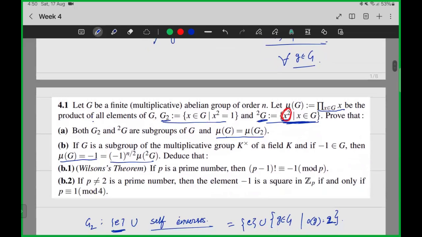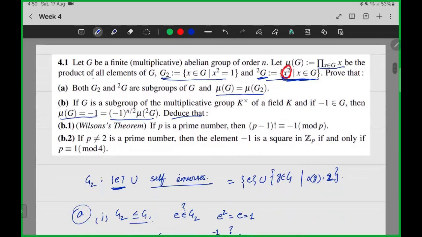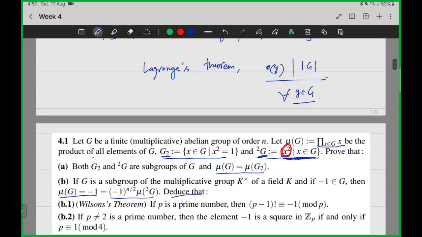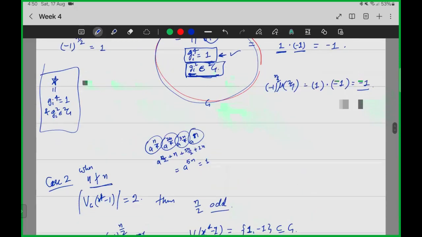So we have to deduce Wilson's theorem, and then we'll see the next part. What is Wilson's theorem? (p minus 1) factorial is congruent to minus 1 mod p.